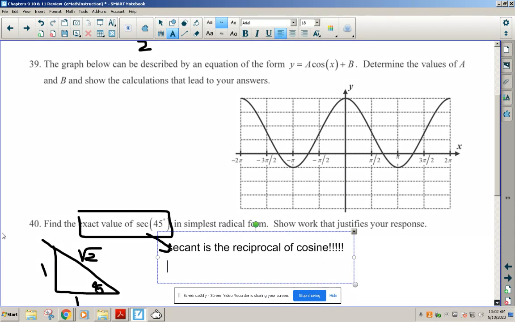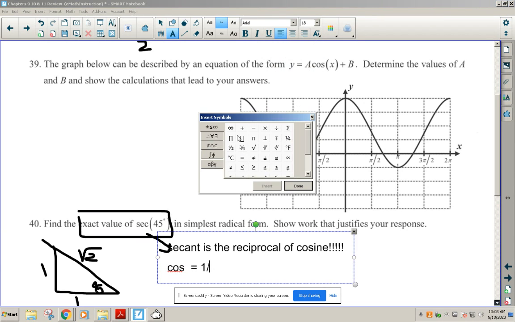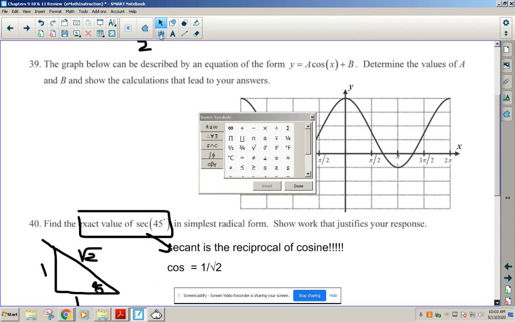So let's start with the cosine of this angle, and I'll write that in, is equal to adjacent 1 divided by the hypotenuse, which is rad 2. Now, I'm not going to rationalize this right now.